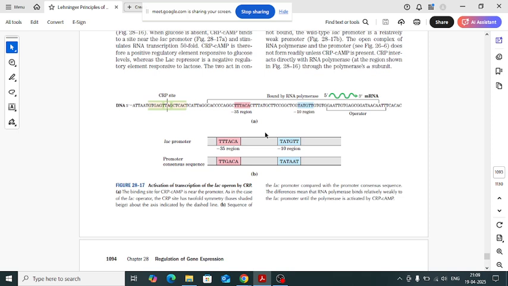So now we saw how lactose controls the activation of the lac operon. But it is not only governed by the lactose.